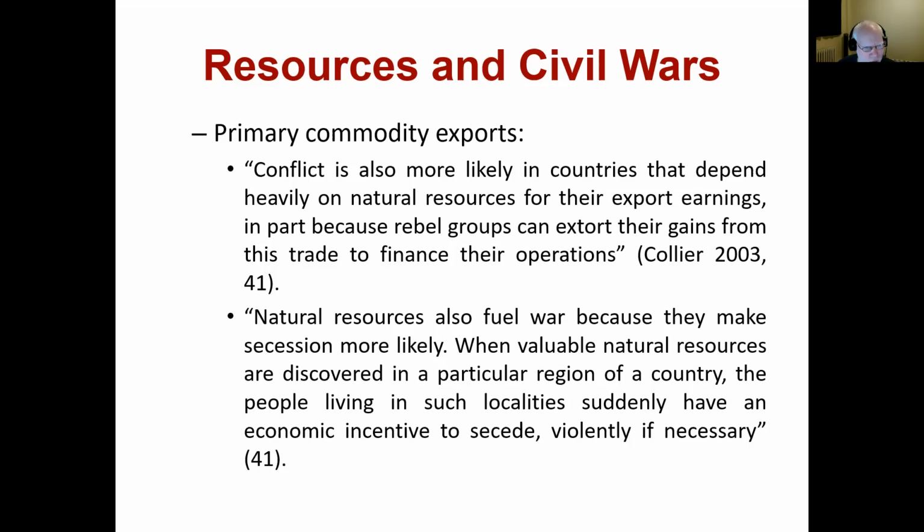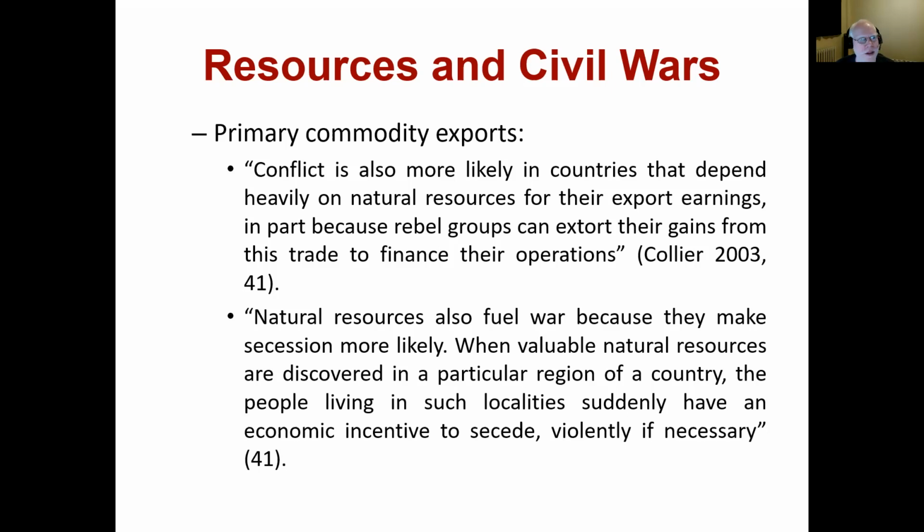So if they're able to gain some control over regions where resources are located, they may be able to gain the revenue from those primary resources themselves and use those to fund their operation.